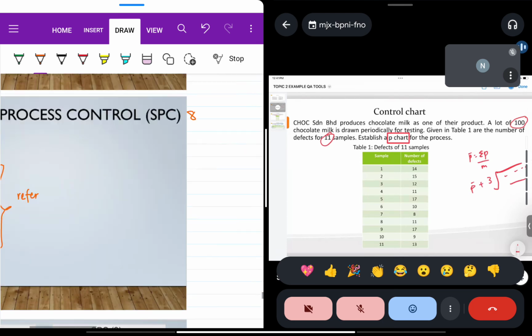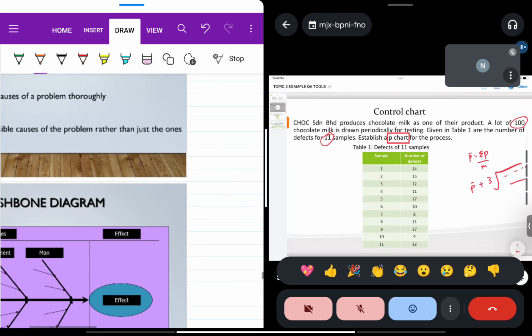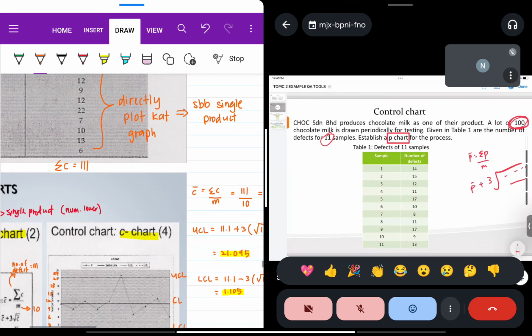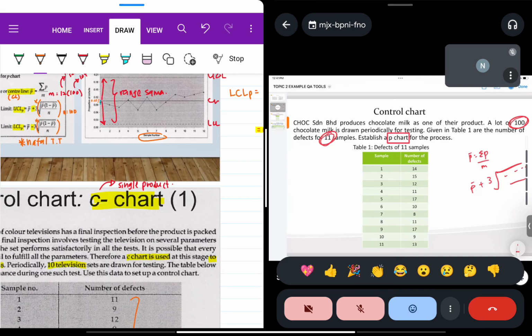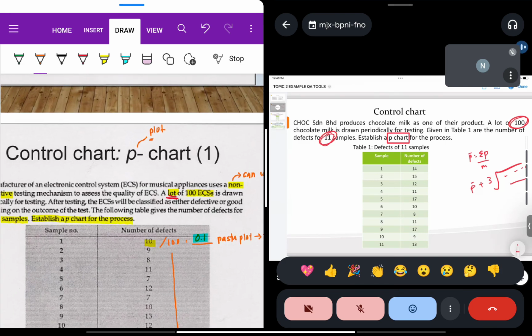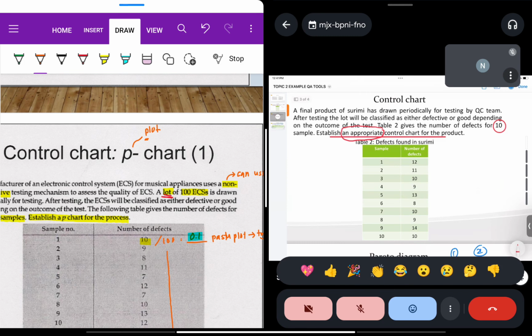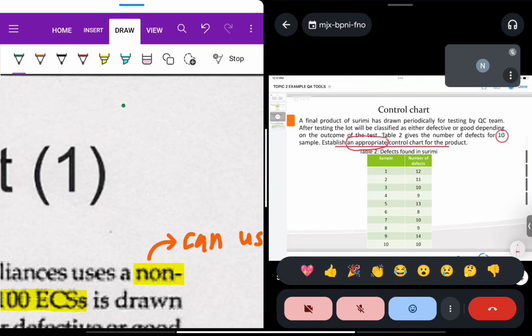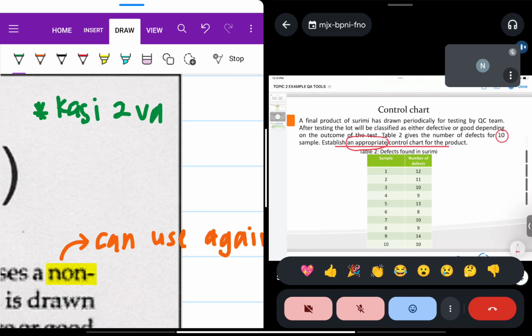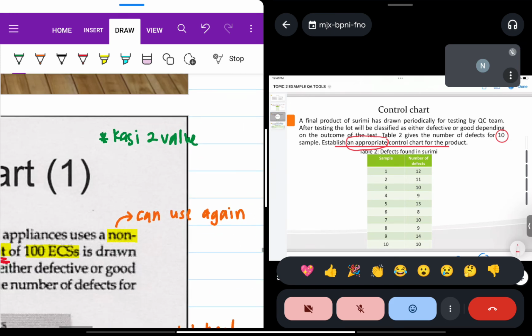This one for P chart you have two values, 100 and this one 11. So you have 100 and 11 to indicate the P chart. This one for C chart, you only have one value. Okay. So, any question for P chart and C chart?